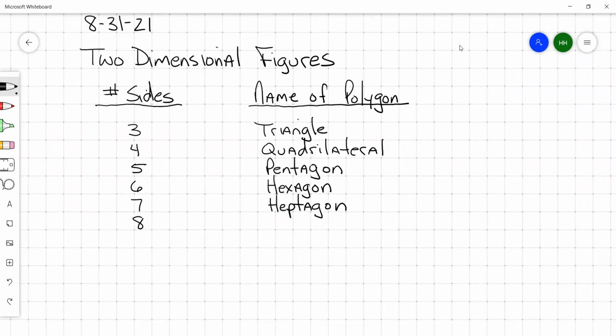We got eight sides as an octagon. Nine-sided shape, that's a nonagon.